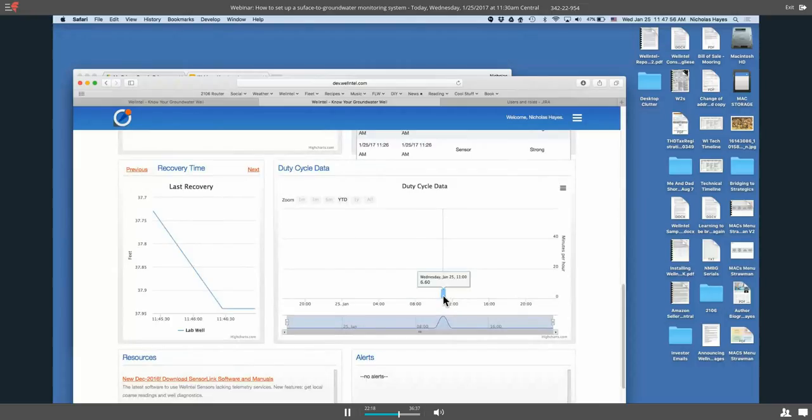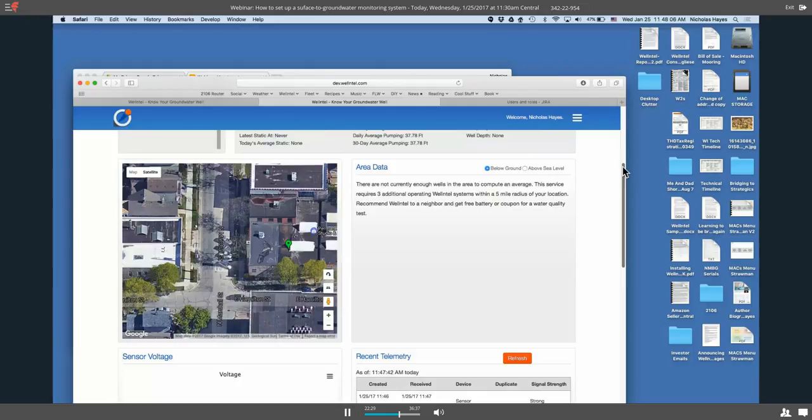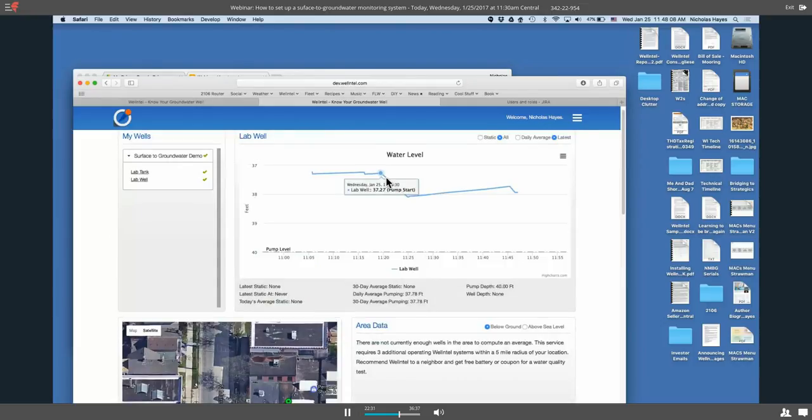But the prior one, which happened at 11 o'clock in preparation for this meeting, was a 6.6 minute long pumping event. And that period of pumping resulted in about 3.27 to about a foot, not quite a foot of drawdown. And here, of course, is our recovery period following that.